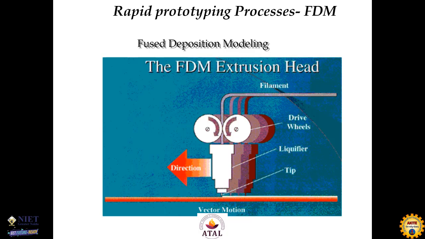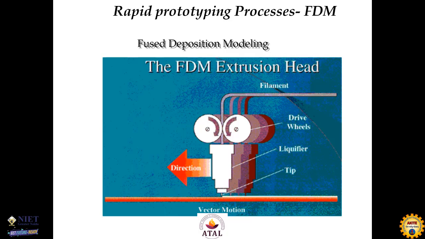This filament has various diameters. Commercial filament of 1.75 mm and 3 mm diameter is available. Depending on the configuration of the machine, the 1.75 or 3 mm diameter filament can be used. There is a feeding mechanism, a gear pulley arrangement, to feed this filament to the nozzle.